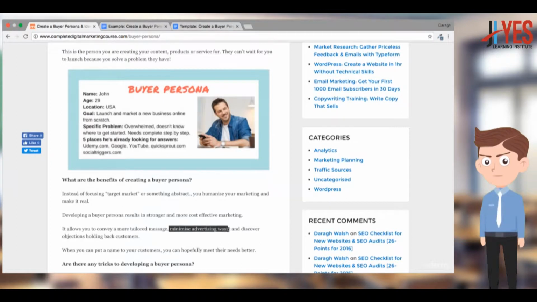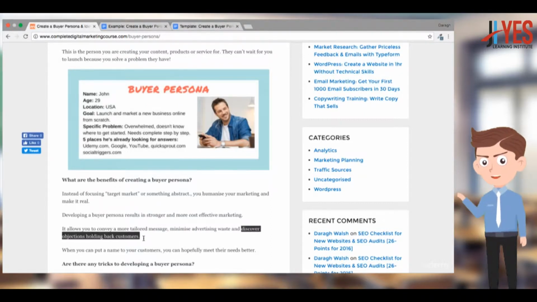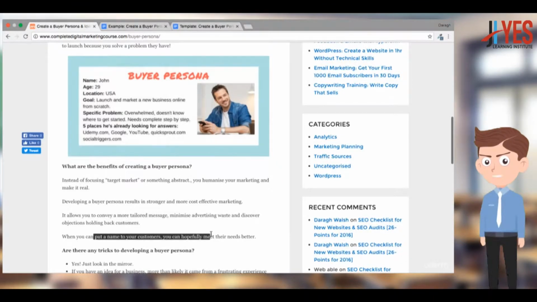You're minimizing all that waste instead of targeting lots of different people, and you can really discover what objections are holding customers back once you really focus in. So it's an exercise in really focus, and when you put that name to your customers, it just makes the whole process a lot easier for you.